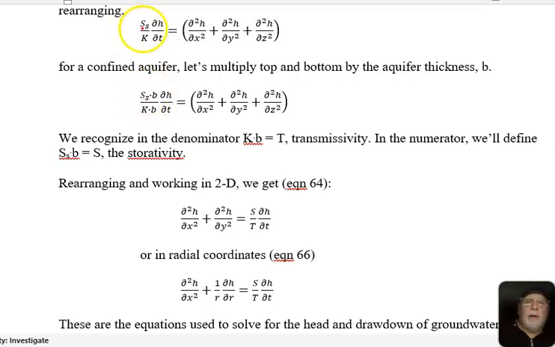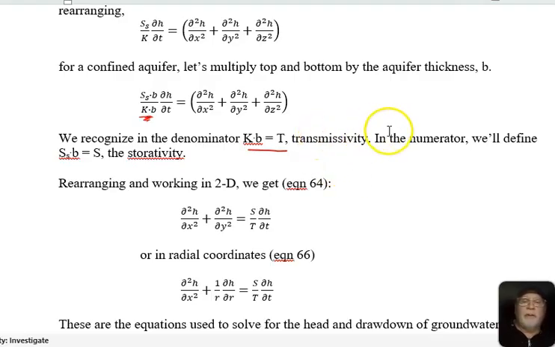So we'll multiply the top and bottom of our equation by the aquifer thickness B. We get KB on the bottom, SS times B on the top. We recognize this as the transmissivity, T, and then the specific storage times the aquifer thickness, we're going to call the storativity. Another page or so we'll talk more about the storativity.